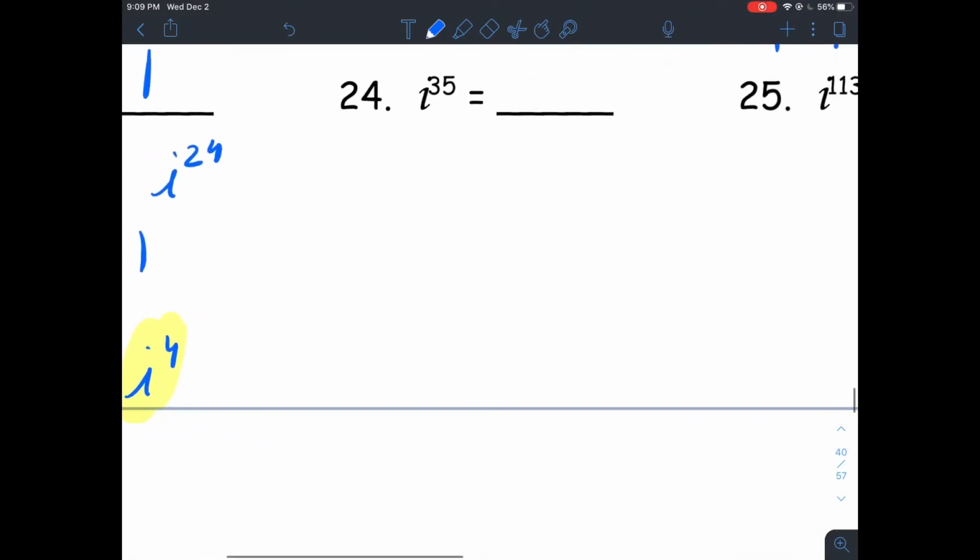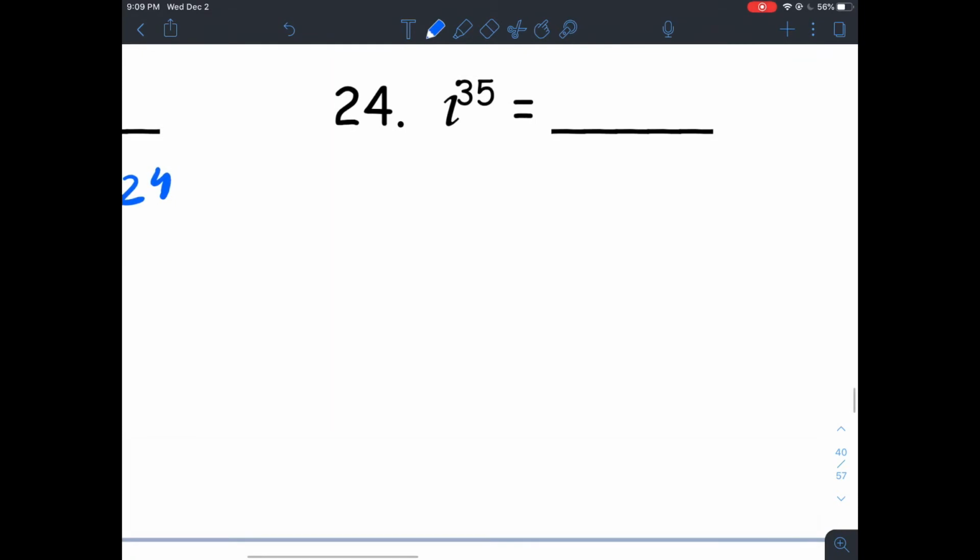All right. Then for this i to the 35th power, again, we're going to try and put it in terms of i to the 4th. So let's try that. With 35, the highest we're going to be able to get to here is going to be 32. That'll get us to 32, and we've got 3 left over.